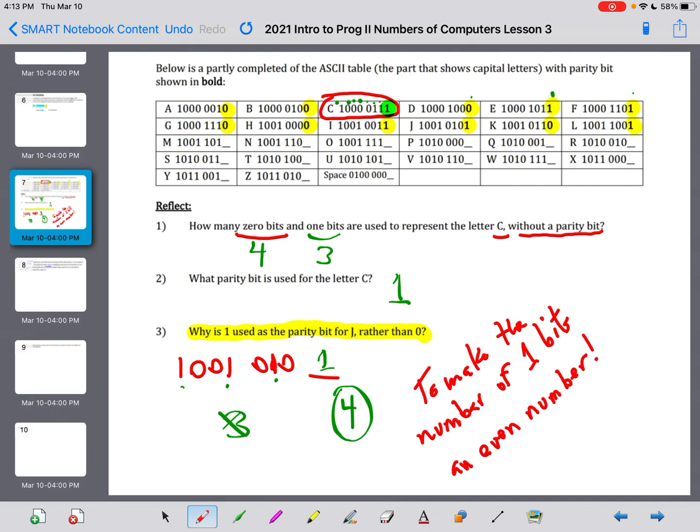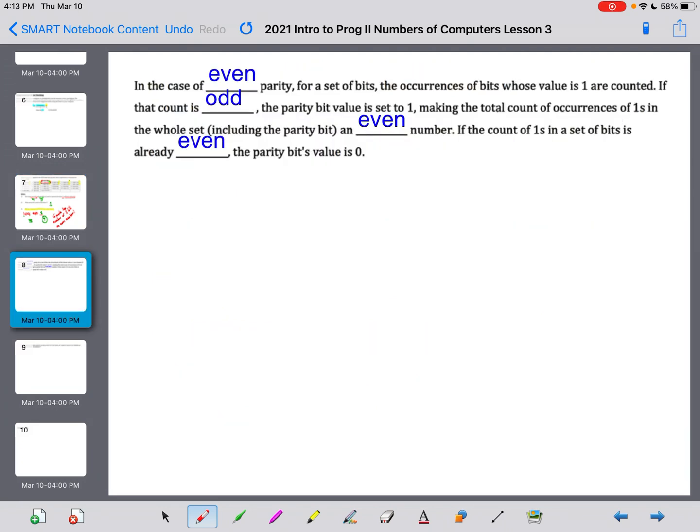So as we can see next, we're talking about even parity. In the case of even parity, for a set of bits, the occurrences of bits whose value is 1 is counted. If that count is odd, then we set the parity bit to 1, which makes it an even count.